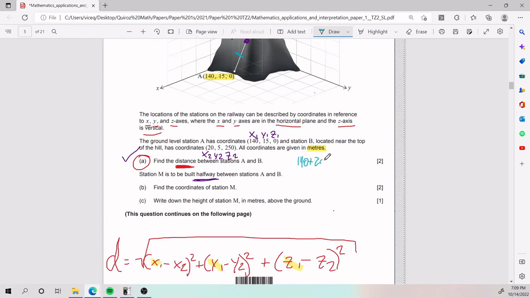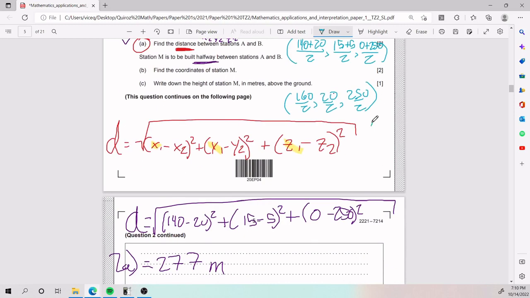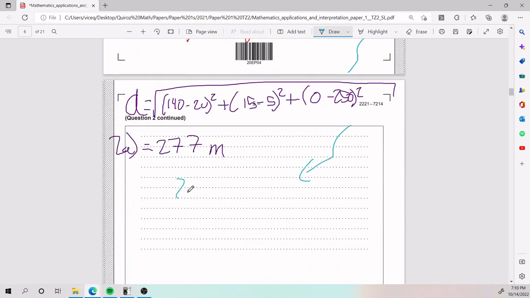plus x2 divided by 2, comma, y1 plus y2 divided by 2, comma, z1 plus z2 divided by 2. And so this will end up giving me 160 divided by 2, 20 divided by 2, 250 divided by 2, and part 2 part B gives me 80 comma 10 comma 125.